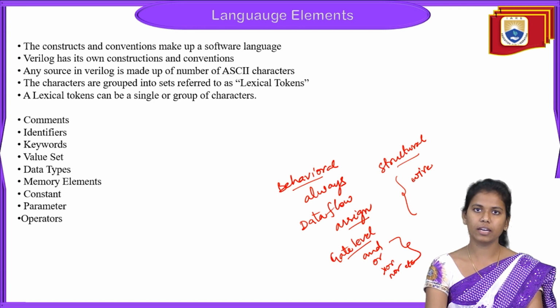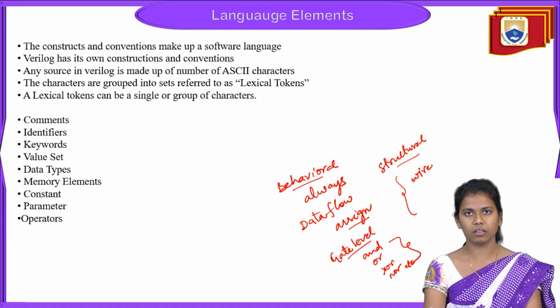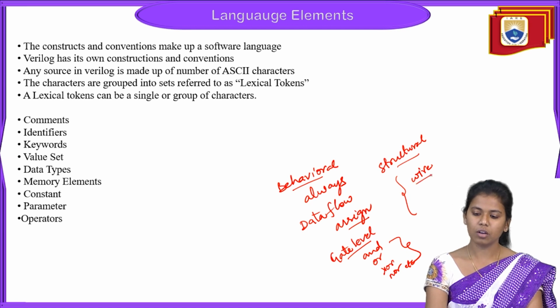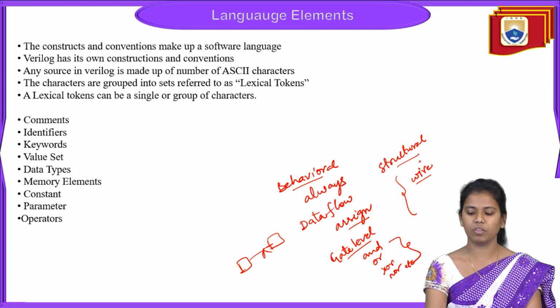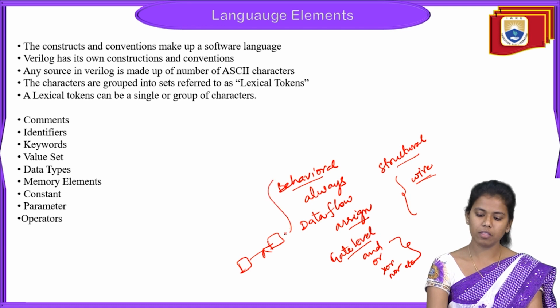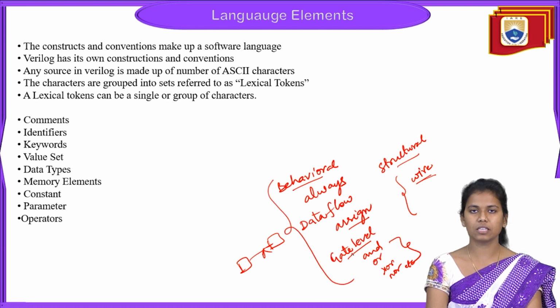So in order to connect from one gate to another gate, we are using a keyword called wire. So these are the four basic modeling styles that we had discussed in the previous class in Verilog.